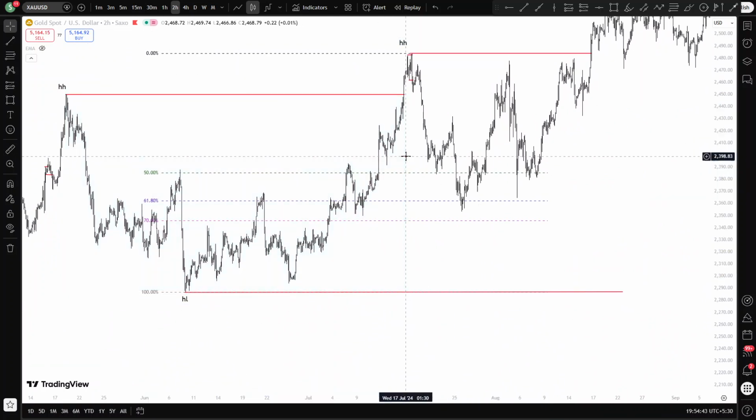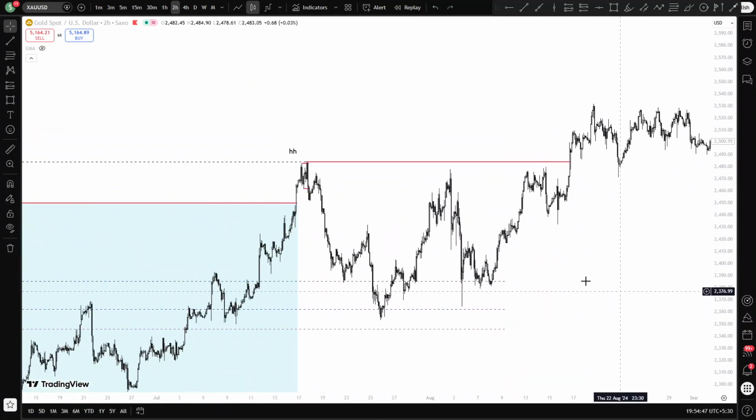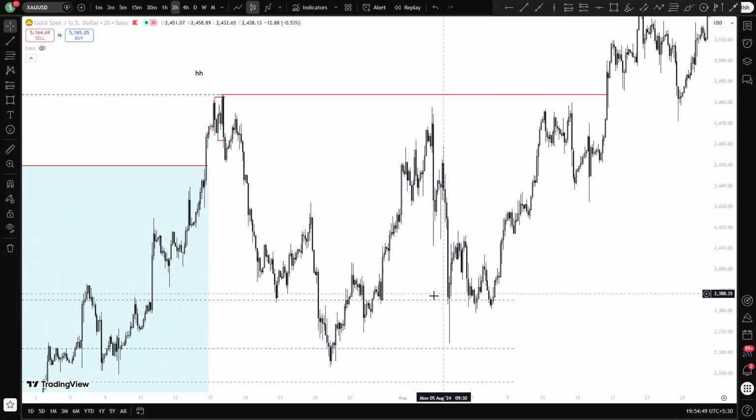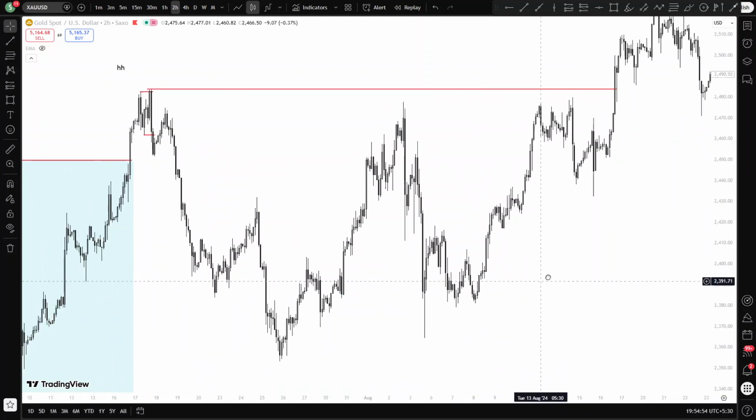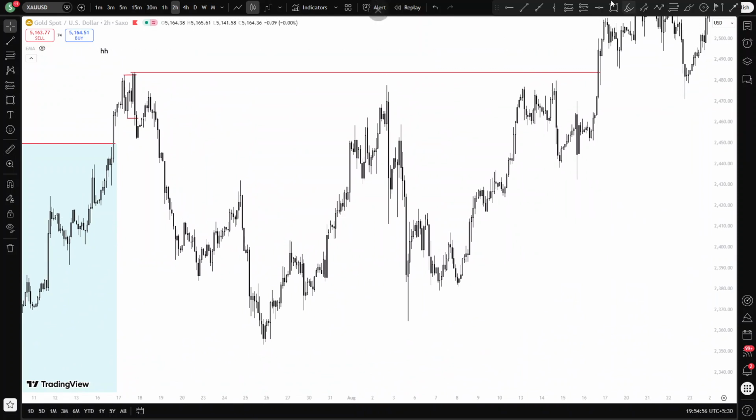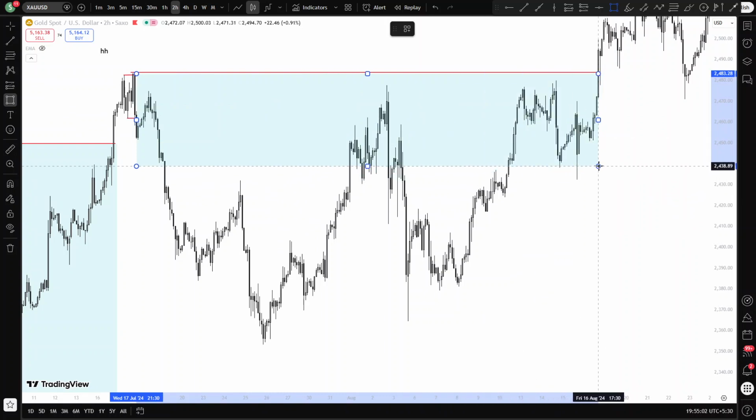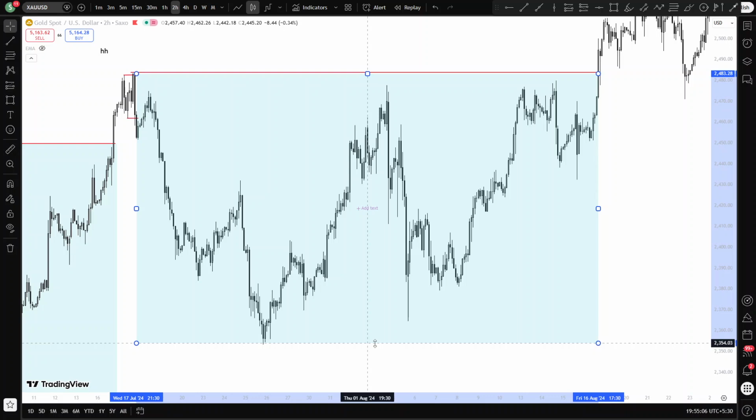Okay, so we continue with what we said. After this, whenever the market gives us a breakout like this one, what do we have to use? We have to use the rectangle tool. We come at this point and pull it to the very bottom.